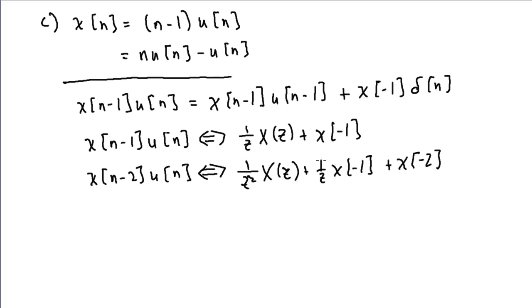Okay, let's take a look at another property, the advance property. We won't be using this as often as the delay property, but x of n plus 1 would represent my everlasting sequence shifted to the left, and then I make it causal by multiplying it by u of n.